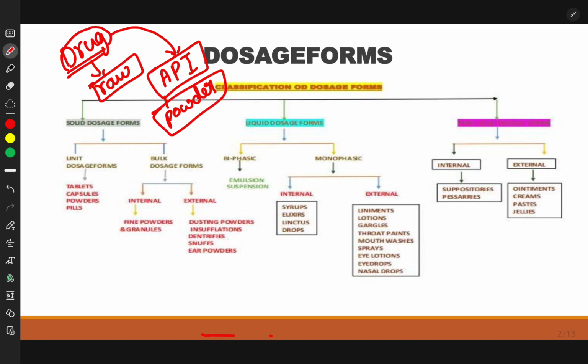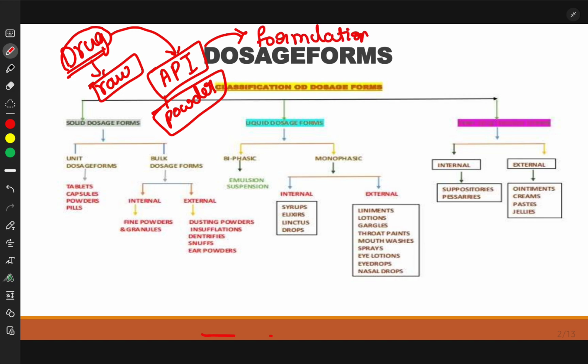So to mask all these factors and to prepare it into an ingestible form, we have separate research and development divisions in the pharmacy sector. They are the formulation R&D department.